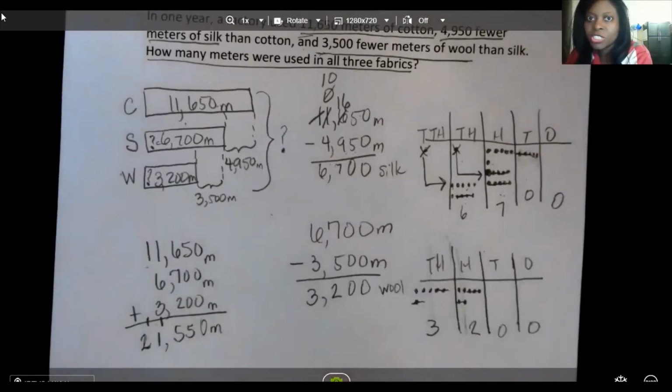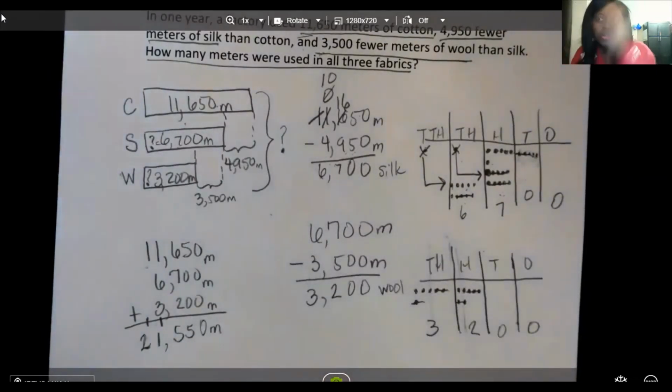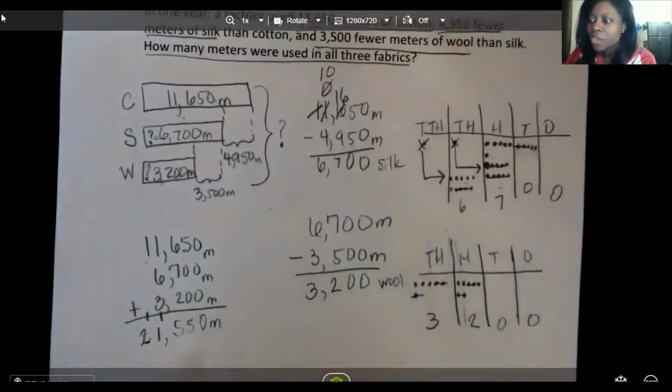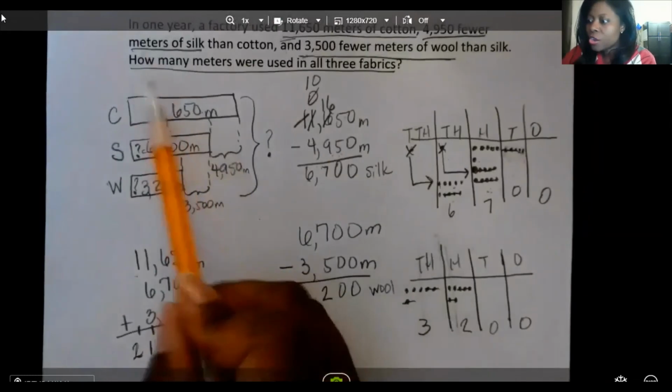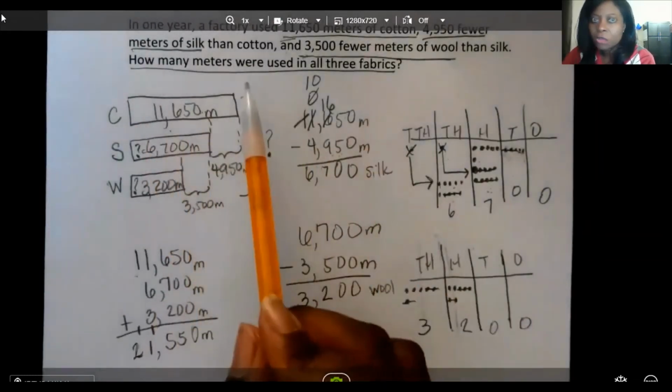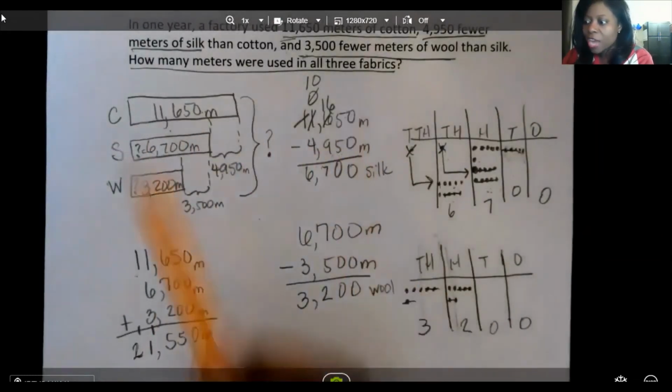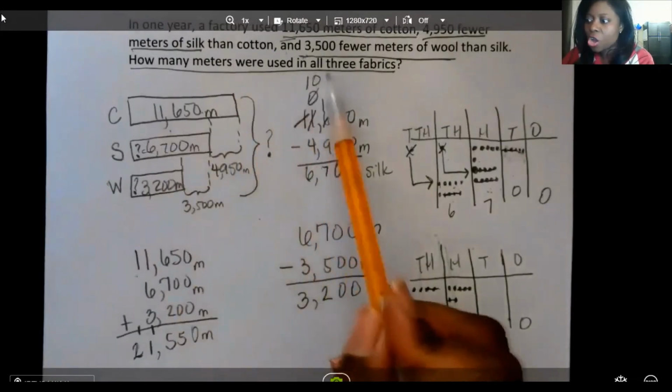Remember what I mentioned in the beginning, the read, draw, write. The read, draw, write process has reading, draw and label, write. Remember I told you there were two parts. There was write an equation, which we've done. We've written our equations, and finally we have to write our statement. So now I always tell students to use their question to be sure that they clearly write their statement. How many meters were used in all three fabrics?